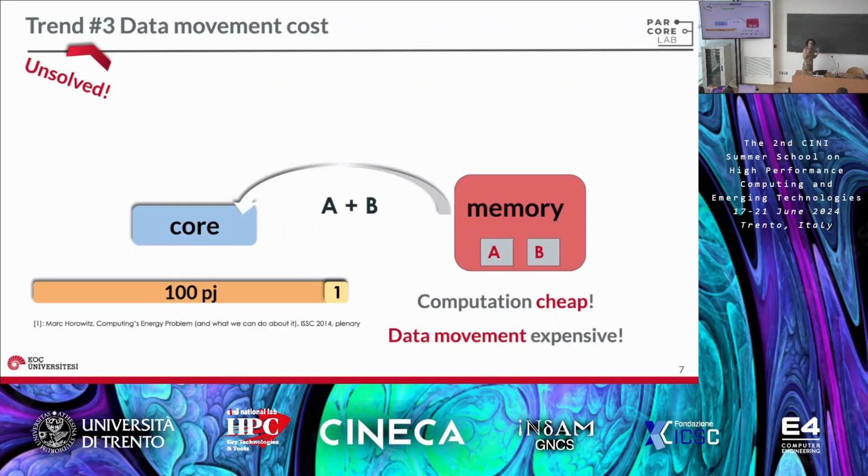That's why our focus is more on data movement. And this is when it's not even going through the network. If you go off node, the numbers increase a lot more. So the cost increases, and data locality is a very important concept.